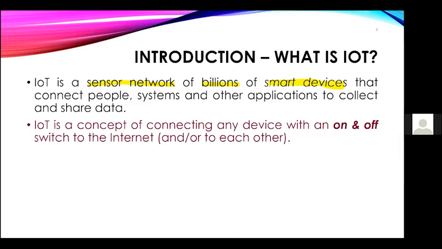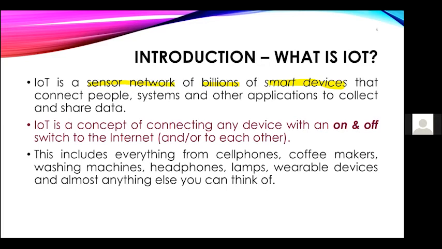IoT is a concept of connecting any device with an on and off switch to the internet and or to each other. This includes everything from cell phones, coffee makers, washing machines, headphones, lamps, wearable devices, and almost everything else you can think of.